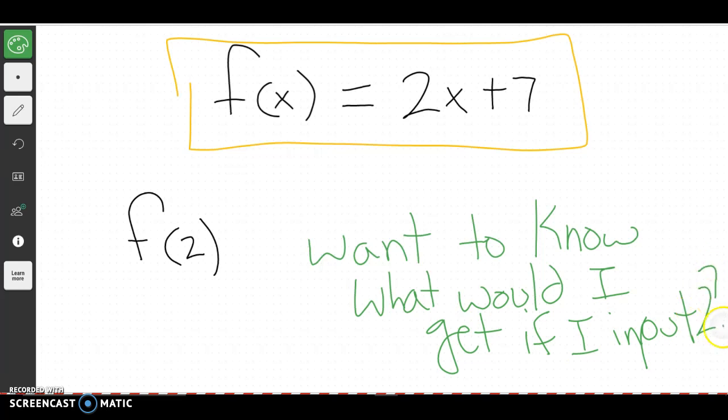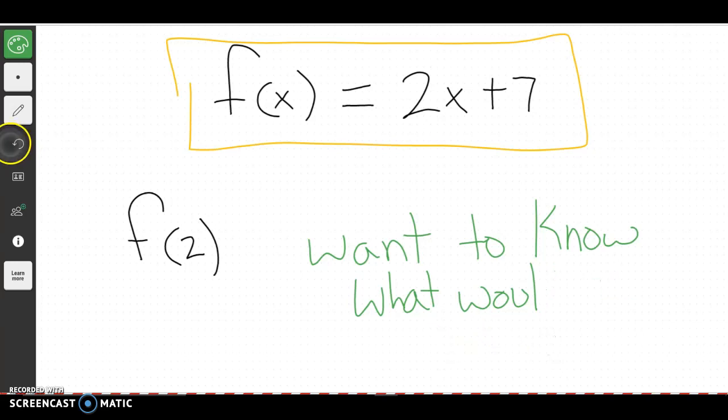That's really what we're asking. This should be read as, what would I get if I input 2?